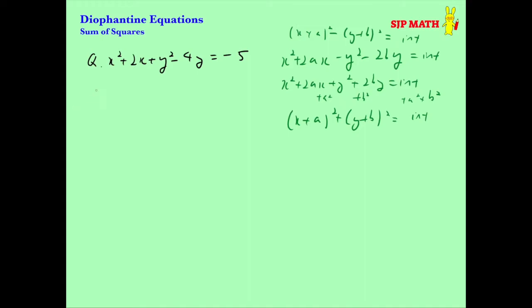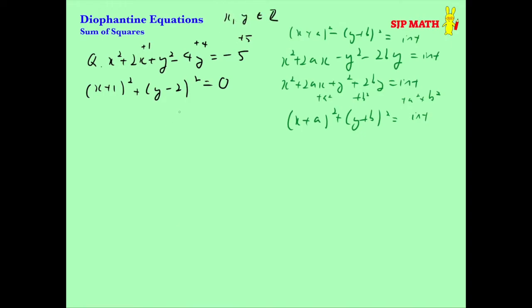So we have x plus 1 squared. We have to add 1, and we have to add 4, so we have to add 5 to this side. So this will be x plus 1 squared plus y minus 2 squared equals 0. Now what do we do? We can't factorize it, but realize that this side is equal to 0. We always know, not just for integers but for real numbers, that the condition is that x and y have to be integers for all the problems we're going to do.